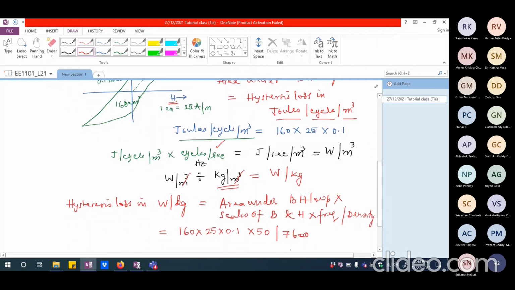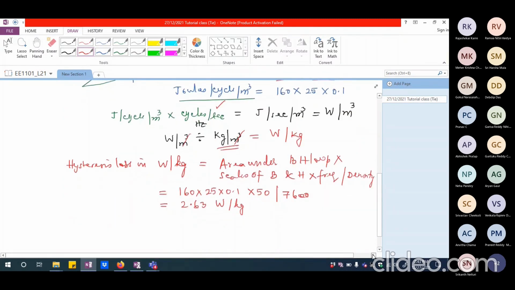This will directly give me the hysteresis loss in watts per kg, and this is coming out to be 2.63. So what you get here is 2.63 watts per kg is the hysteresis loss of this particular magnetic specimen.